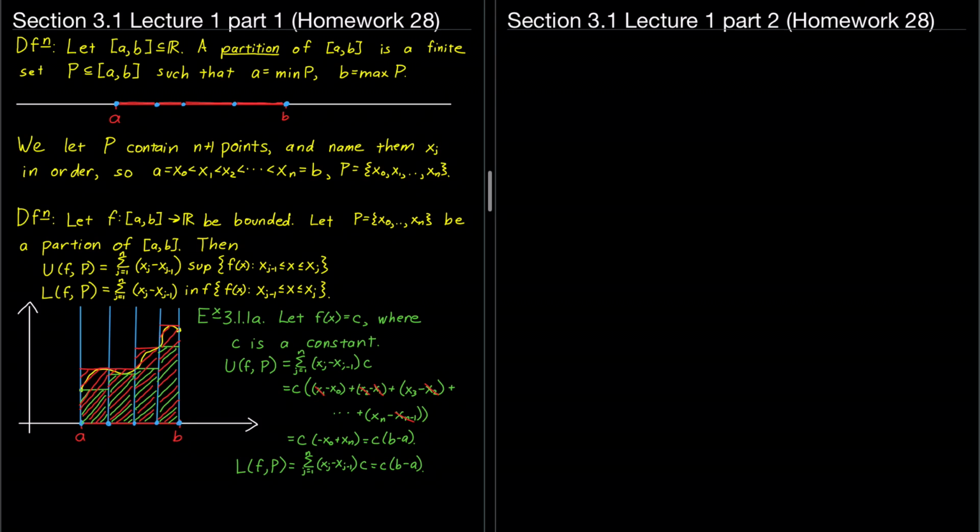Another classic example is this function. Let's let f of x, this is a piecewise defined function. It's 1 if x is a rational, and 0 if x is an irrational.